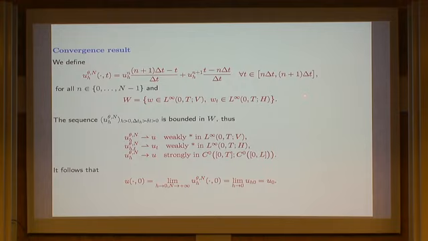And the previous estimates give us an a priori estimate for the approximate solution in this functional space W. So we can pass to the limit when the time step and the space step tend to 0, at least for a subsequence, and we get some weak star convergences. With Sobolev embeddings, we infer some strong convergence in the space of continuous functions. And so we get at the limit the right initial condition U0 for the limit function U at t equal to 0.